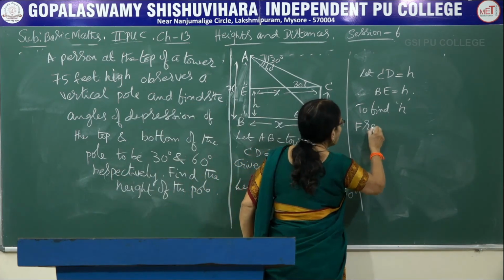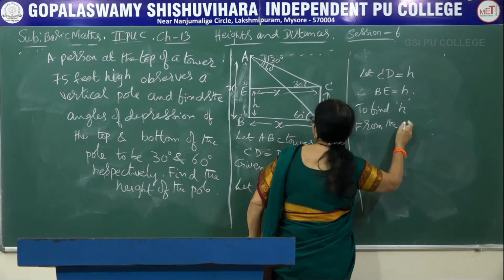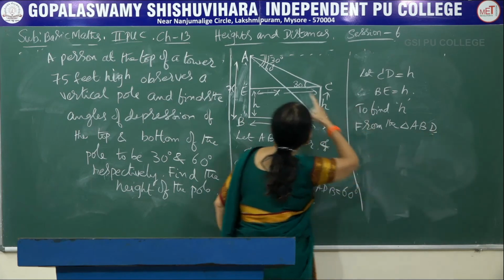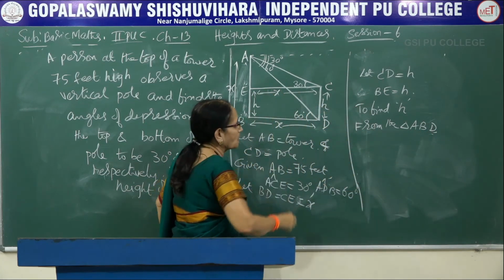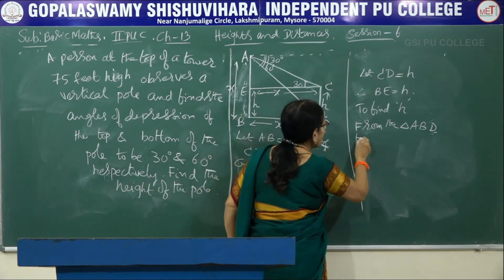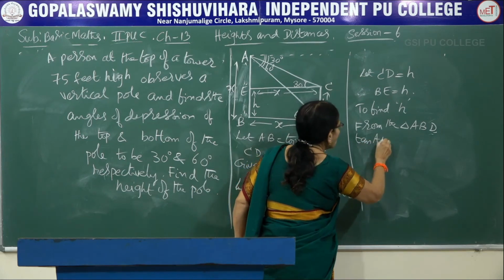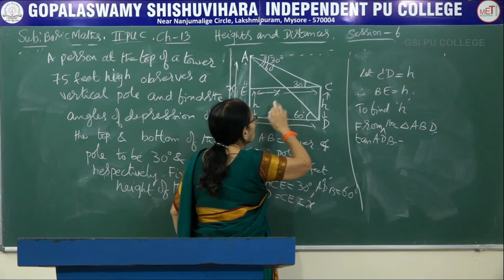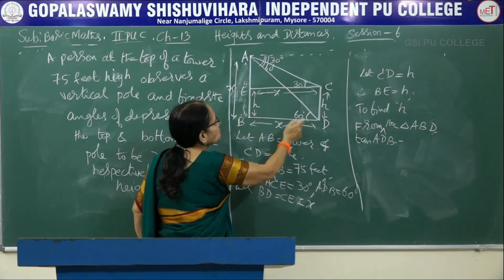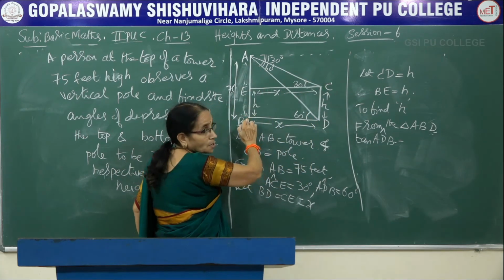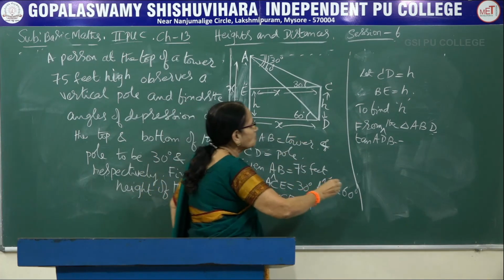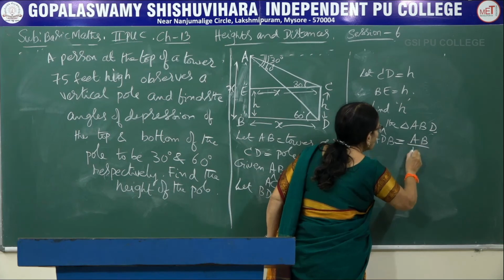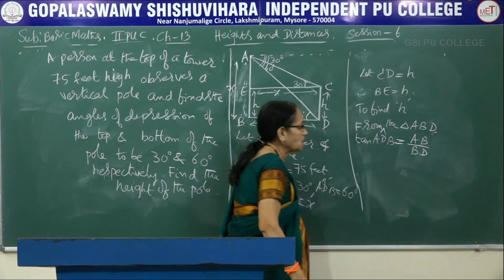Now from the triangle ABD, the bigger triangle here, ABD I am considering, consider tan of ADB. Tan of ADB. So for this one, forget about that part, only this part I am considering. Opposite is AB, adjacent is BD. So this would be equal to AB divided by BD.